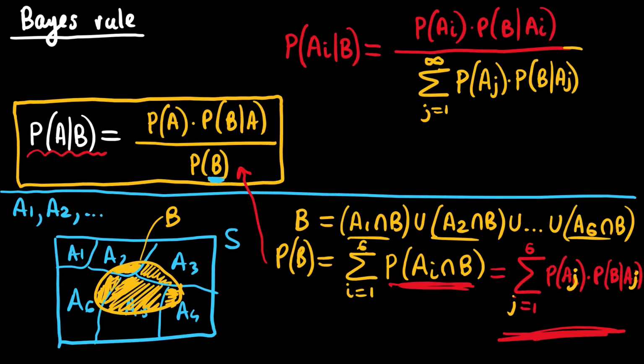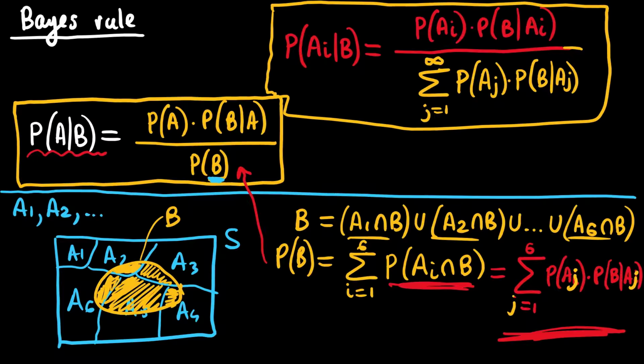Okay, so this is the second form of Bayes' rule expressed in terms of a partition of the sample space. Okay, so that's it for Bayes' rule.